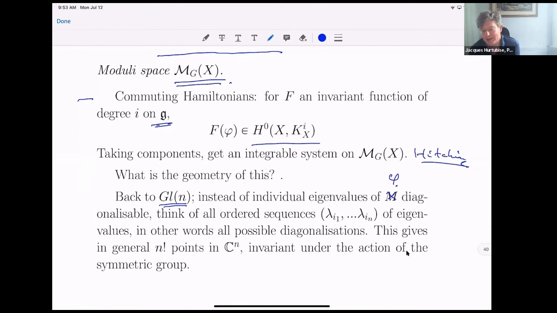So I'm going to ask you to think, in other words, of all possible diagonalizations of phi. Okay, this gives you n factorial points in C^n, and the family is invariant under the action of the symmetric group. Okay, so the symmetric group is the Weyl group for GL_n, so that's interesting.